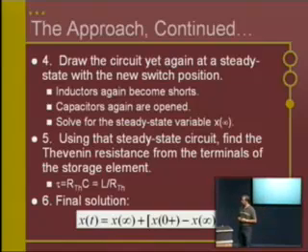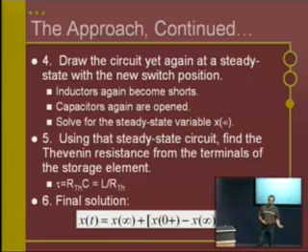We'll get into this today: if we have a circuit that contains dependent sources as well as our storage elements, then we have to solve for the open circuit voltage and the short circuit current, and that will give us our Thevenin resistance. So this can get to be a fairly long process, to be honest.